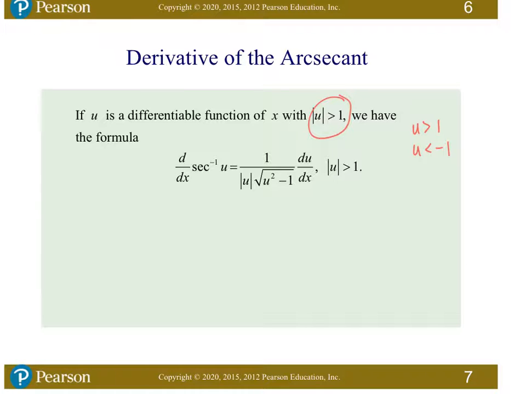The derivative is defined as 1 over the absolute value of u and the square root of u squared minus 1. So in the similar pattern, you can develop the derivative of inverse cosecant, and that would have -1 as its numerator, the absolute value of u times the square root of u squared minus 1, and then the chain rule of du dx with the same domain restrictions.